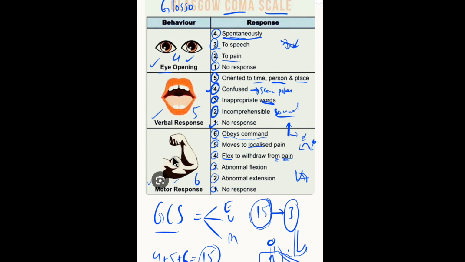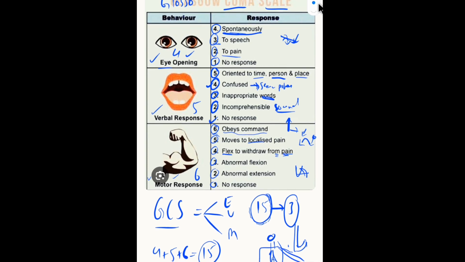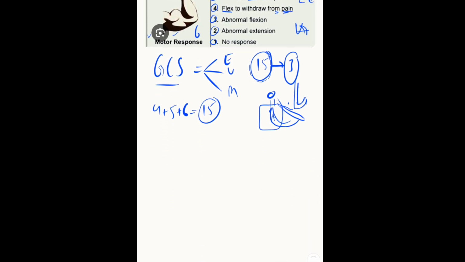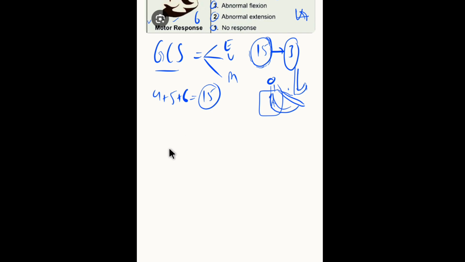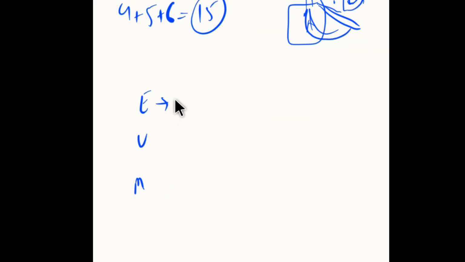So you have to remember all these things. Now just revise everything. The Glasgow Coma Scale is based on eye, verbal, and motor response. If eye function is okay, it gets 4.